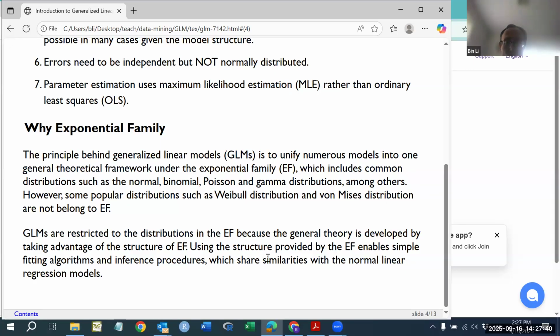By using these exponential families, the way we estimate the parameters through MLE, maximum likelihood estimation, will be the same algorithm if the distribution comes from this same family. So it's a family for which we can use the same way to estimate and interpret the models. That's mainly for convenience.